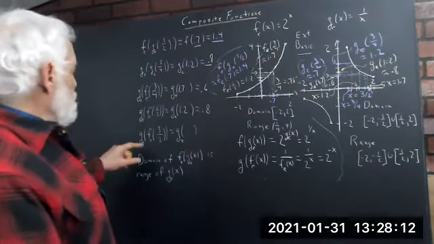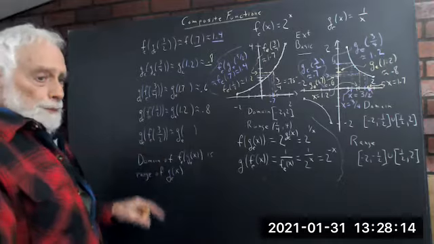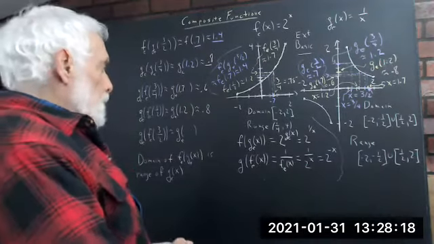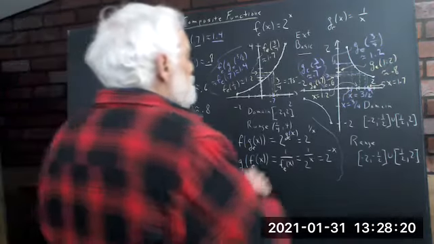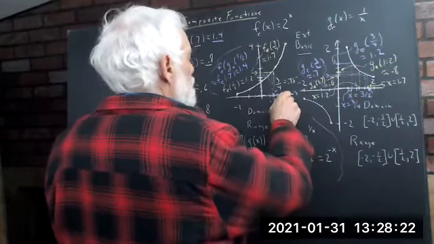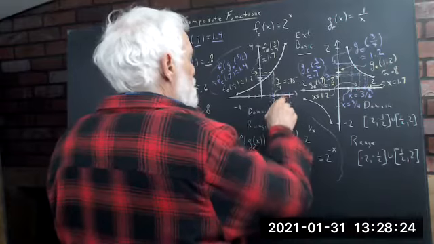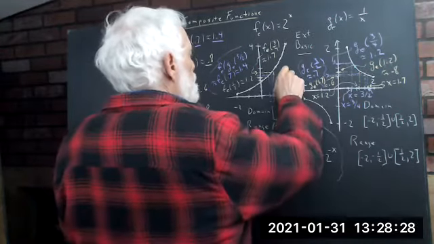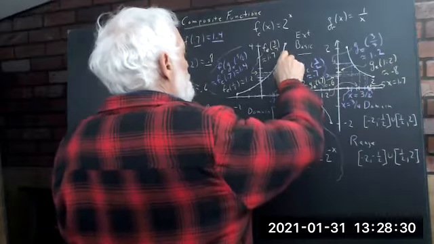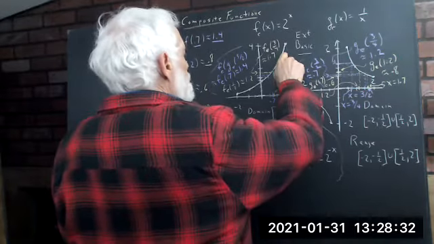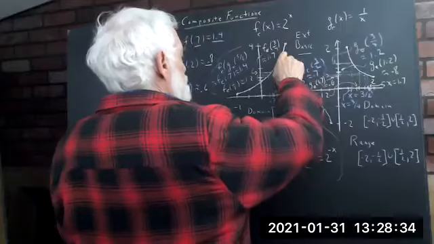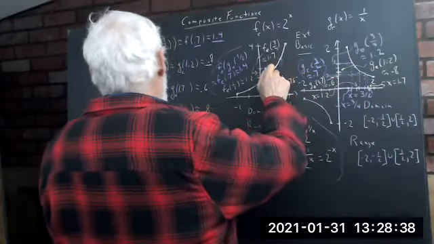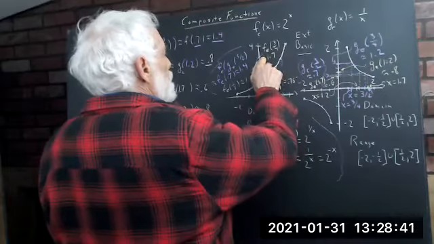Now, what if we want to do GE of FE of 3/2? Well, then we get to come all the way out here. Here's 3/2. And we project up here. And then we project over here.